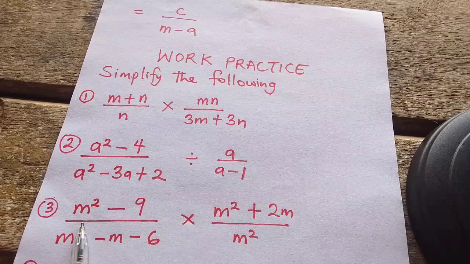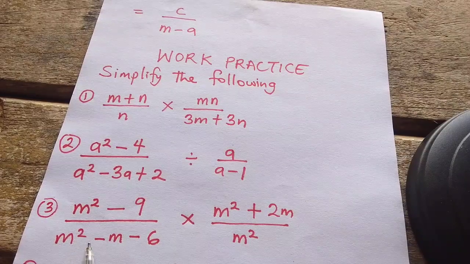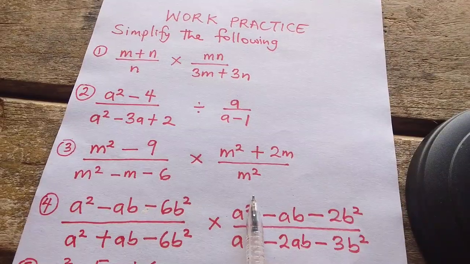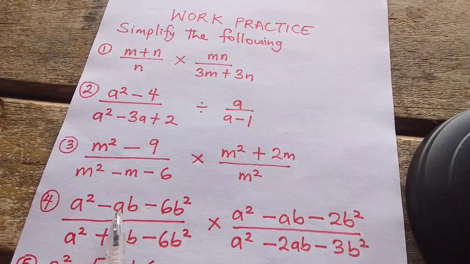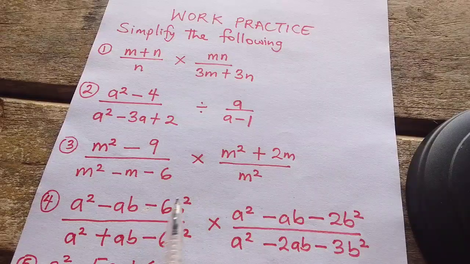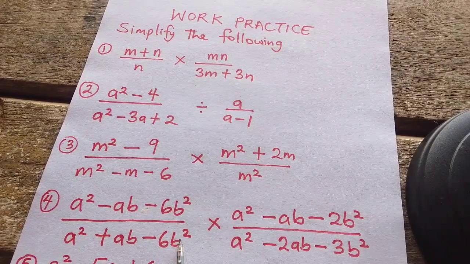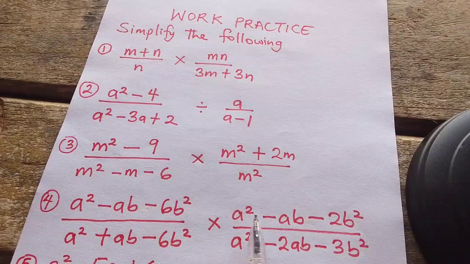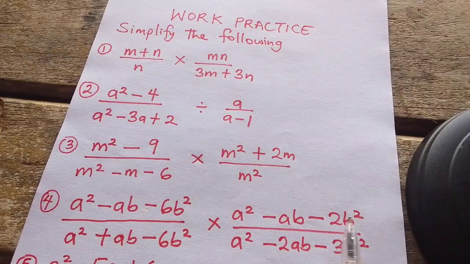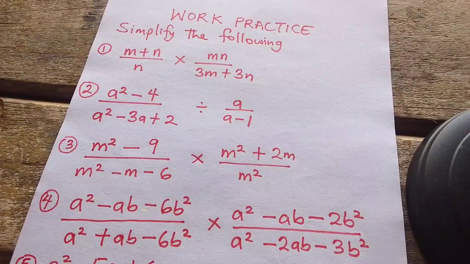Number 3, m square minus 9 over m square minus m minus 6 times m square plus 2m over m square. Number 4, a square minus ab minus 6b square over a square plus ab minus 6b square times a square minus ab minus 2b square over a square minus 2ab minus 3b square.